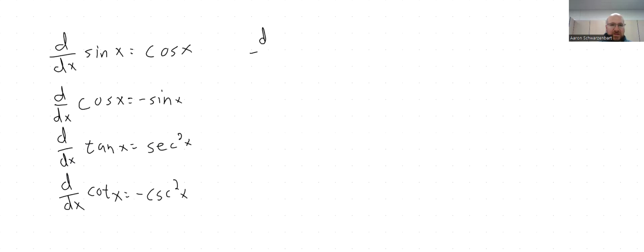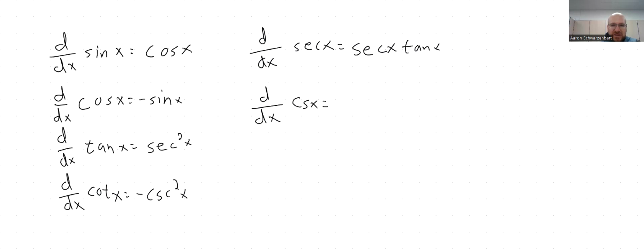And the derivative of secant x is secant x tangent x. And the derivative of cosecant x is negative cosecant x cotangent x.